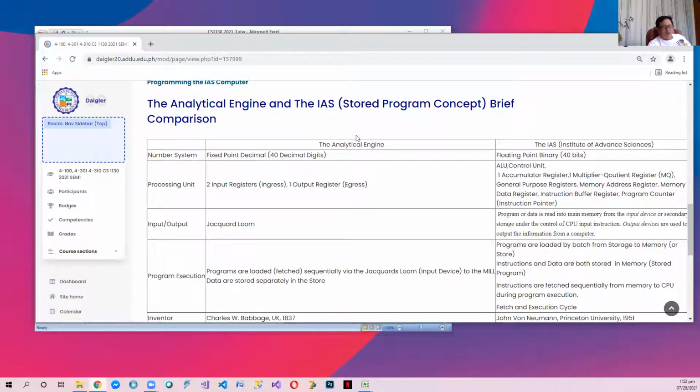So the execution of the programs will tend to be very slow also. Remember that the execution repeats each instruction, so the repetition of the program will make it inefficient. The solution that John von Neumann presented was to load the whole program into memory first, before fetching the instructions into the CPU one by one.